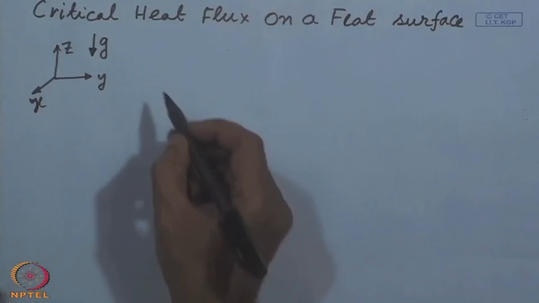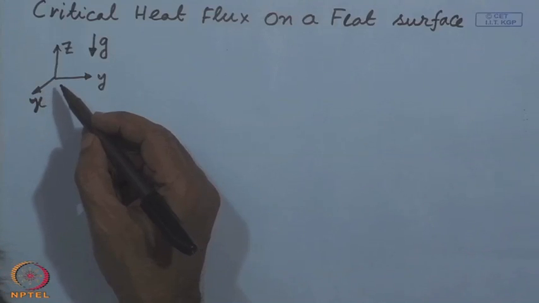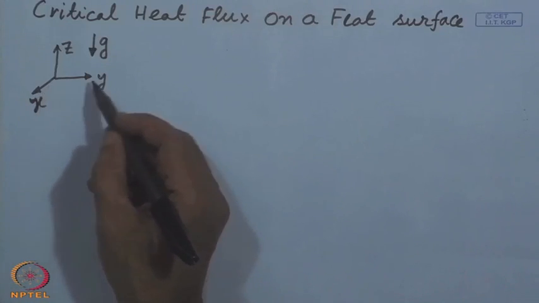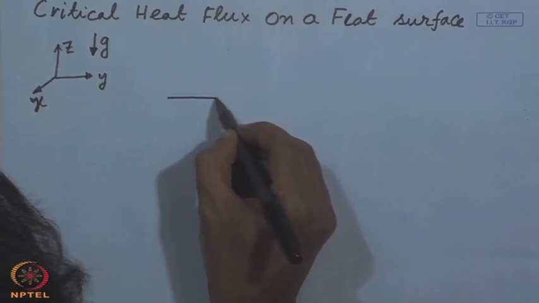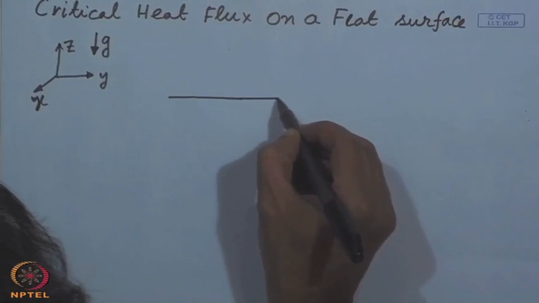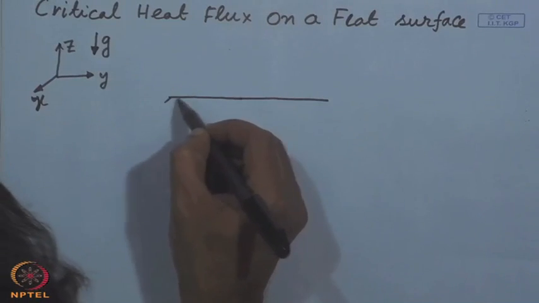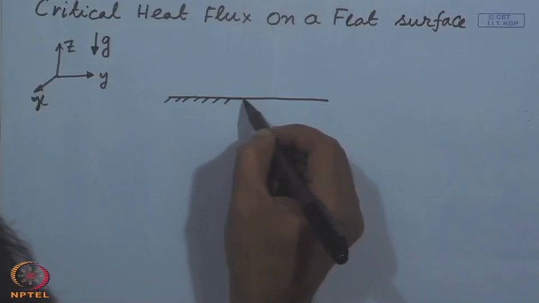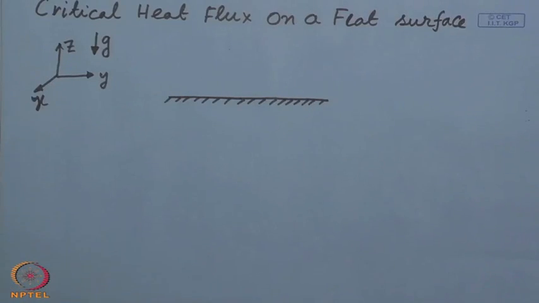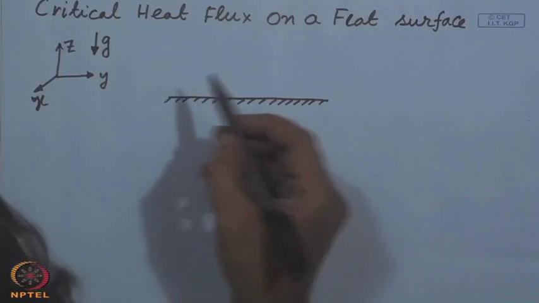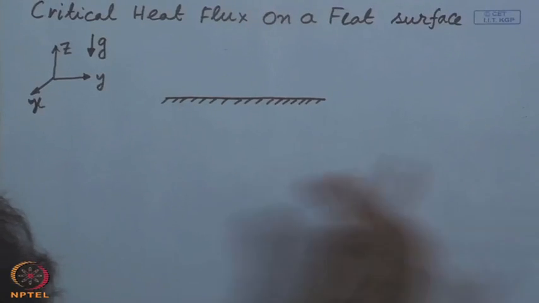The flat surface is extended up to infinity both in the x direction and in the y direction. A representation of the flat surface could be like this. This flat surface is heated, and over the flat surface there is a pool of liquid.